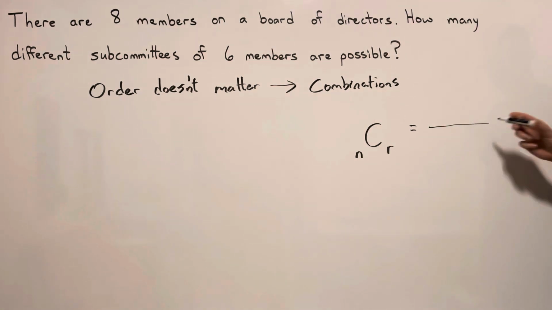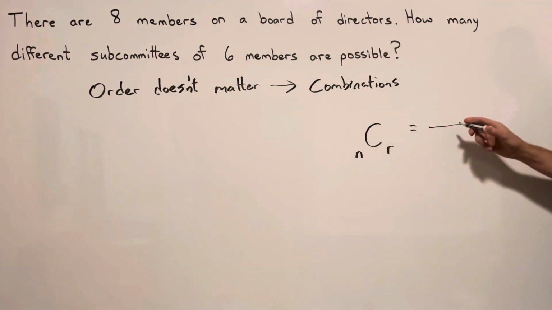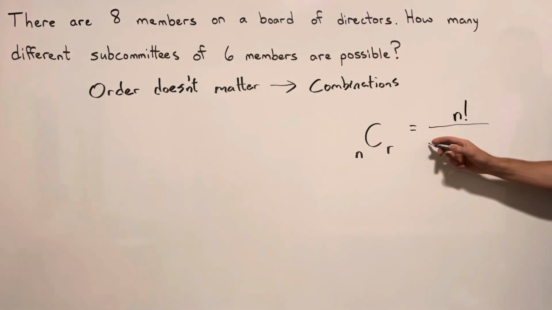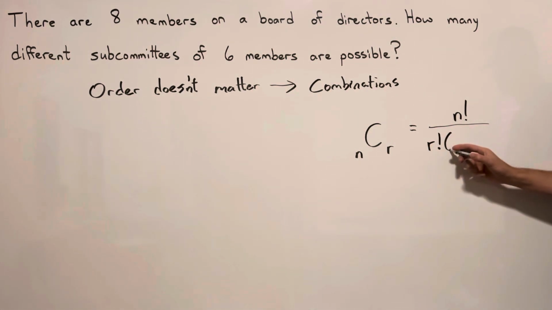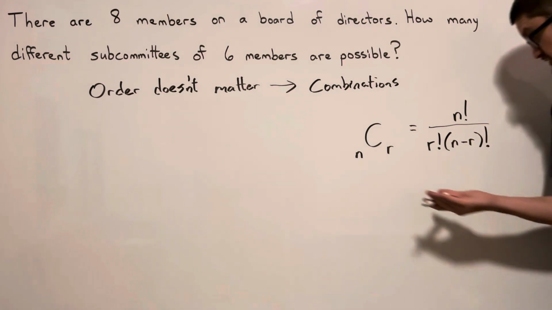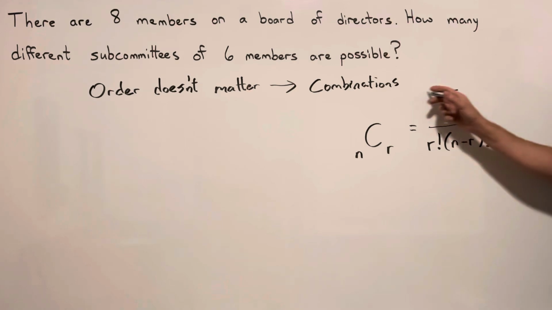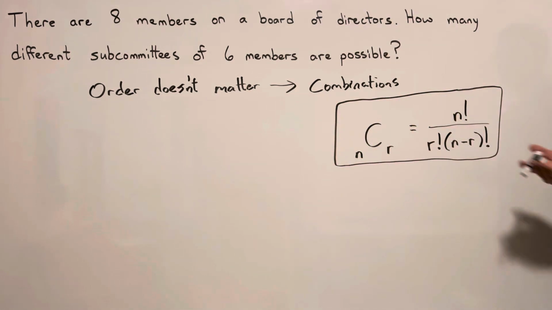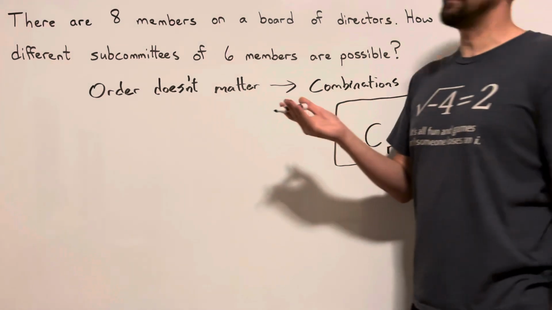It's going to be a fraction. You take N, you do N factorial, and then on the bottom you have R factorial, and then N minus R in parentheses factorial. This is the formula for combinations. And we can use this for this problem.